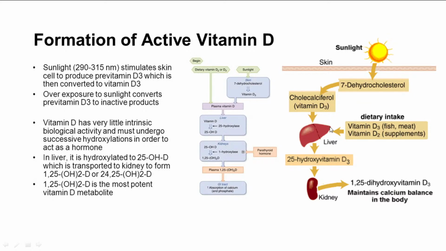And liver with some enzymes produces 25-hydroxyvitamin D3, and also in kidney with other enzymes, 1-hydroxylase, and also parathyroid hormone has influence on this process, producing 1,25-dihydroxyvitamin D3.